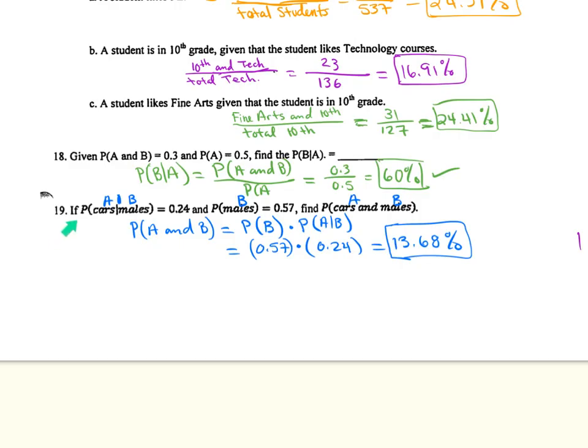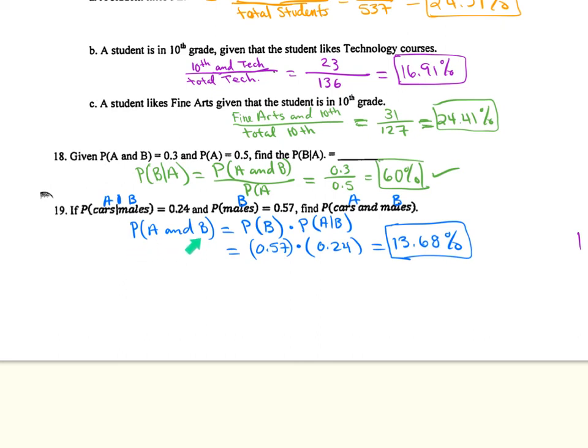And then number 19. If the probability of cars given males is 0.24 and the probability of males is 0.57, find the probability of cars and males. All right, so just to remind you, this follows the format of this equation here.